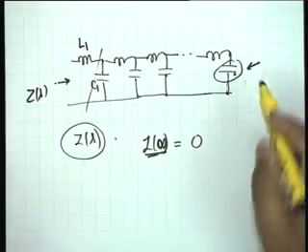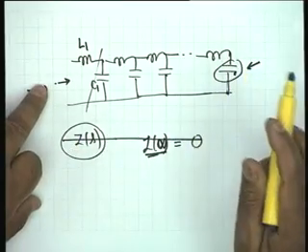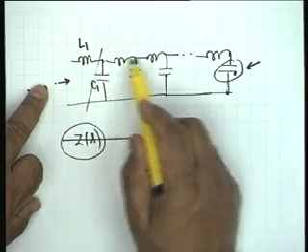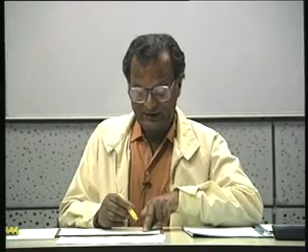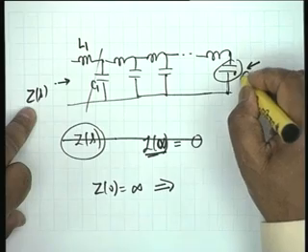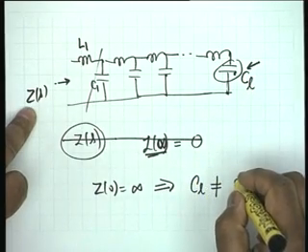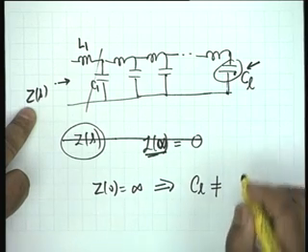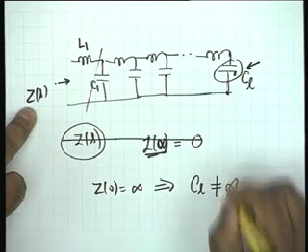On the other hand, the last capacitor, take the situation at s equal to 0. At s equal to 0, all these capacitors are open and all these inductors are short. So what is the input impedance? Infinity. Now therefore Z of 0 equal to infinity implies that the last capacitor, let us say CL, is not equal to 0. If there is CL, it means CL is not infinity.